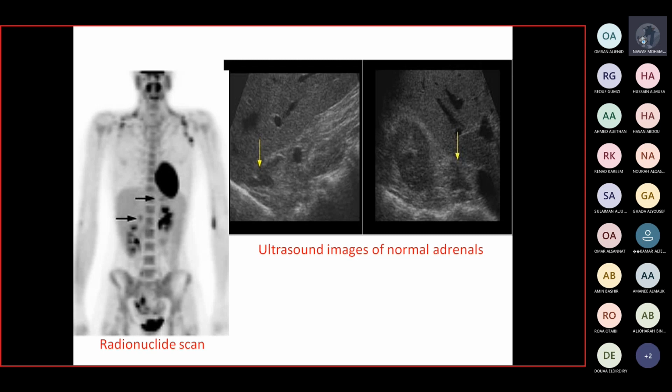Yes, other opinion. Yes, this is the heart. This is the heart, and this is the renal system, and these are the suprarenal, right and left suprarenal glands. And what is this? Maybe sinus. Yes, sinus. All right.